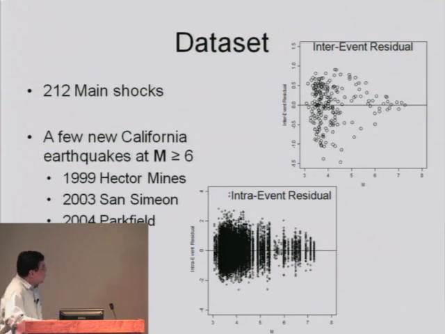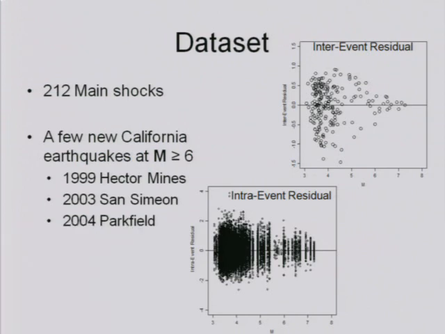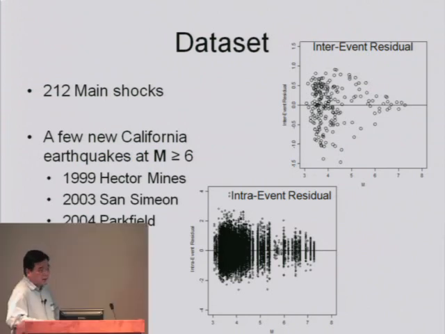Okay, so in total, I have about 212 main shocks only. There are no aftershocks. Okay, and as part of the project, I developed a small magnitude attenuation model for California that's based on the Chiou and Youngs NGA model, but with modification to the magnitude scaling at the small magnitude range.